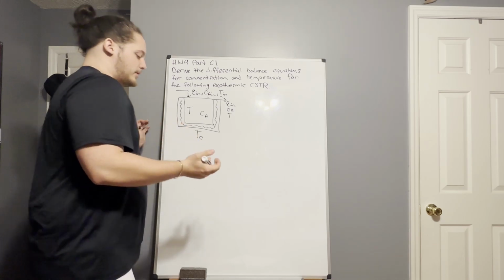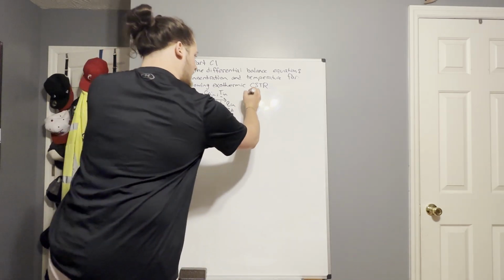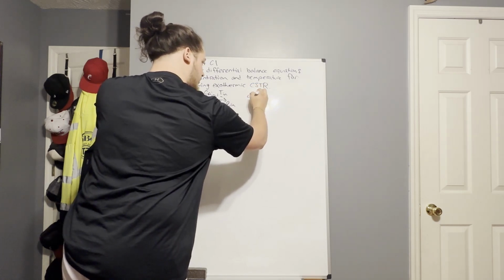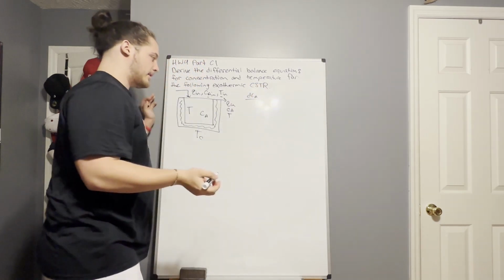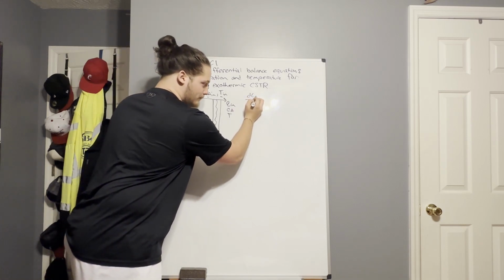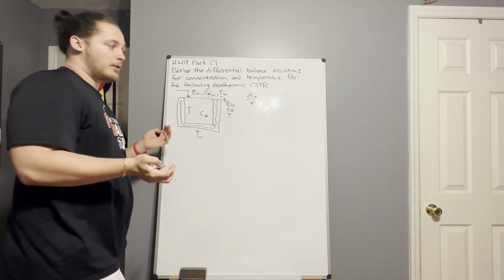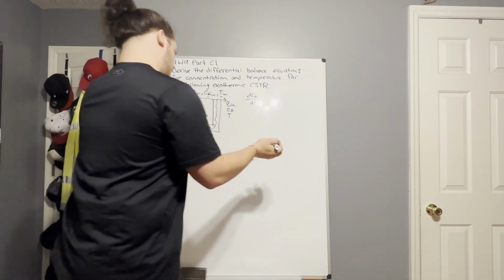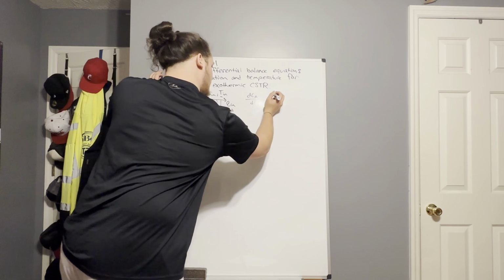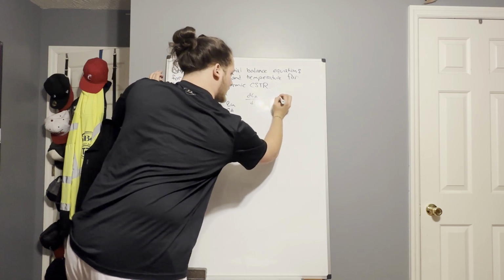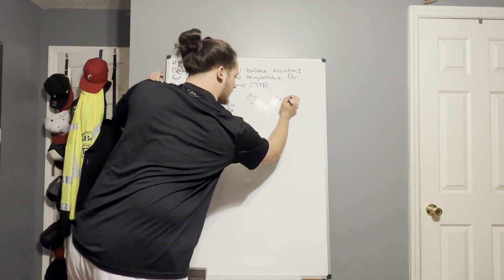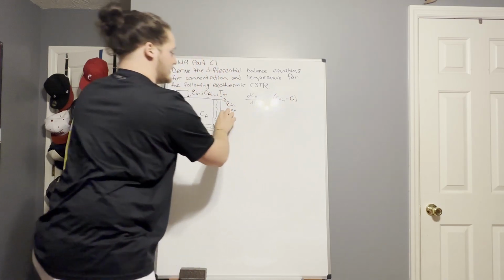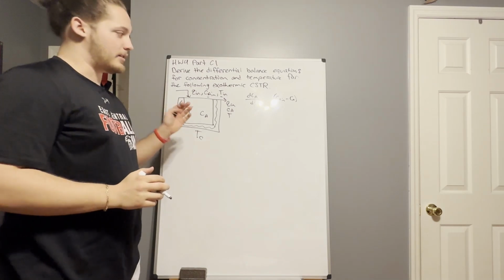So next we are going to want to look at the differential rate of change of our concentration with respect to time. And before we made it Q in minus Q out, so here we are going to make it the concentration in minus the concentration out, which is Ca, because it's perfectly stirred, it is the same.